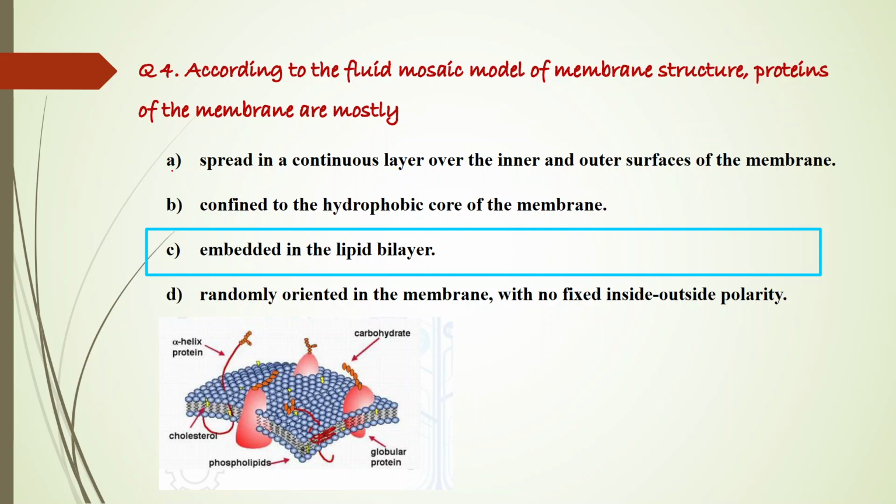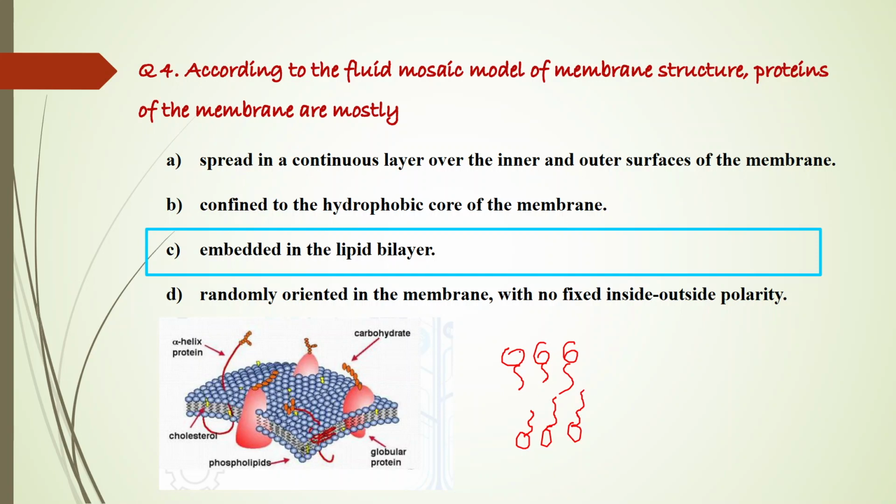First option says the protein molecules spread in a continuous layer over the inner and outer surface of the membrane. So what is this membrane? This is a bilipid layer.